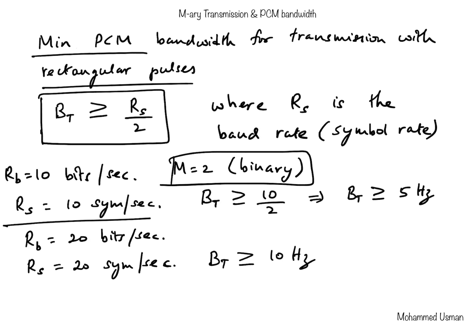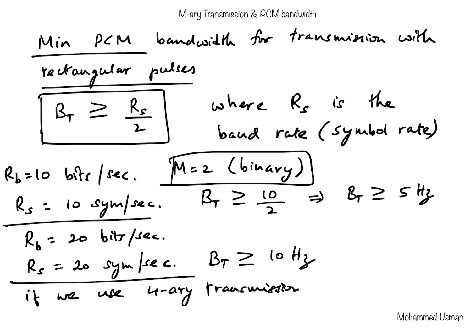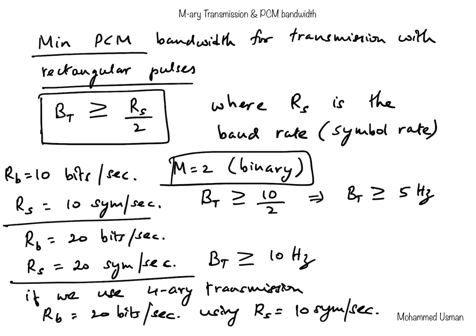So rather than increasing the baud rate, if we use say m equal to 4, if we use 4-ary transmission, then we can have RB equals 20 bits per second using Rs equals 10 symbols per second.